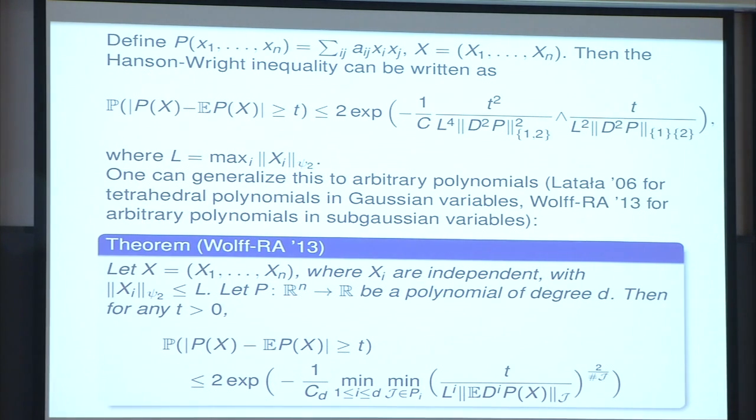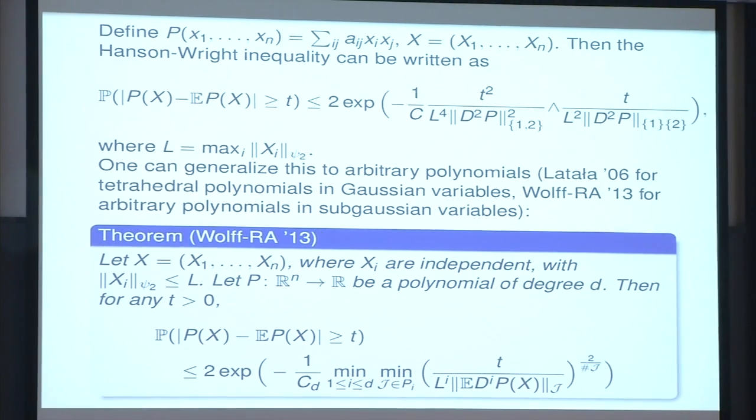Here, by integration, I mean that we integrate coefficient by coefficient in our I-indexed matrix. Take all the possible partition norms, and take the proper power, which turns out to be 2 over the number of elements in the partition. And then, as you can see, there are many regimes, starting from the sub-Gaussian regime and ending at t to the power 2 over the degree, which corresponds to the partition into singletons.